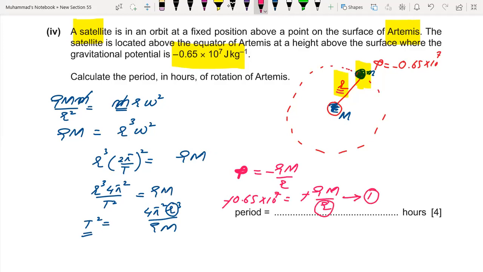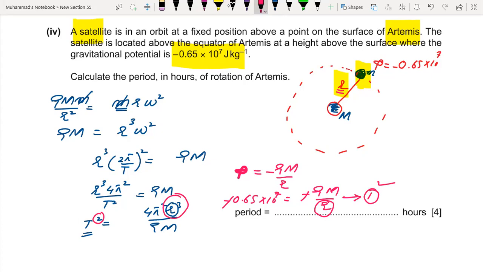Okay, that you can easily do. I will not waste your time in calculation. You just find R from this equation 1 and put that value of R over here to get the time period. You will get the time period in seconds because everything is in SI units.